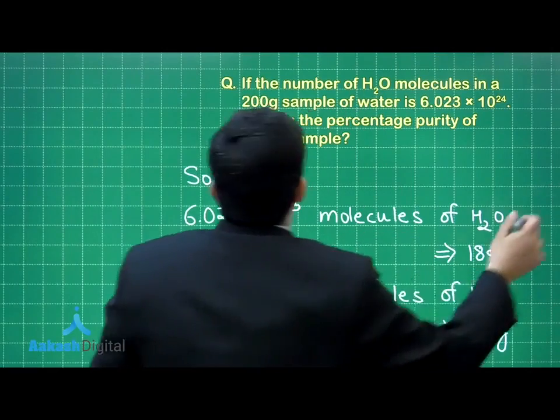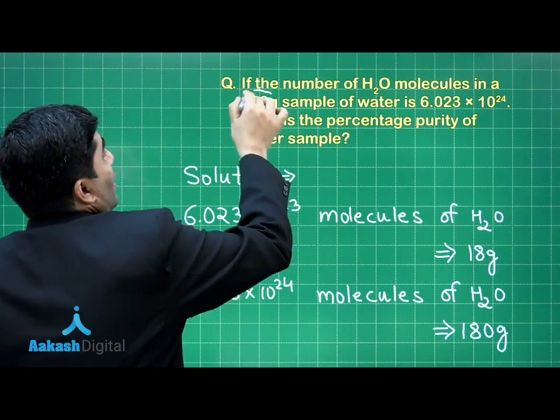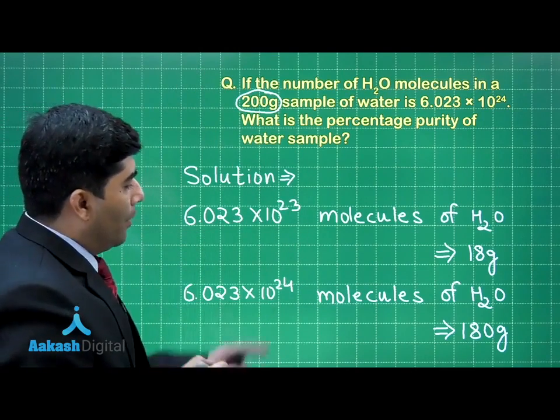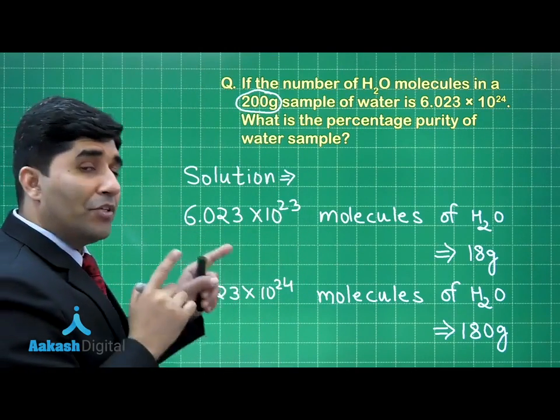And how much water is given to us? The water given to us is a 200 gram sample, and we have 180 gram which is pure.